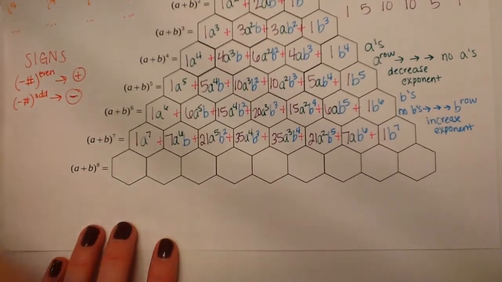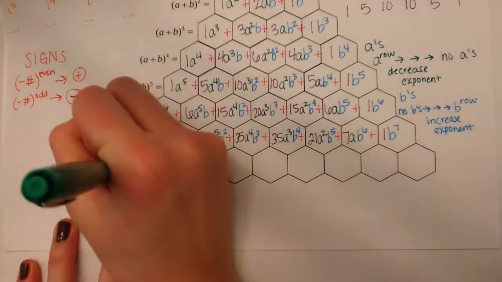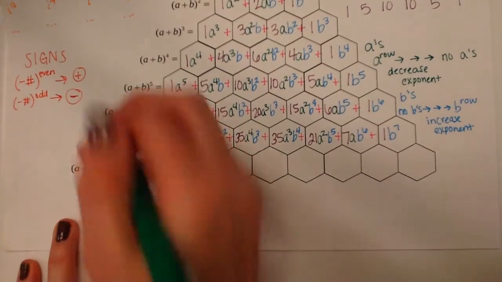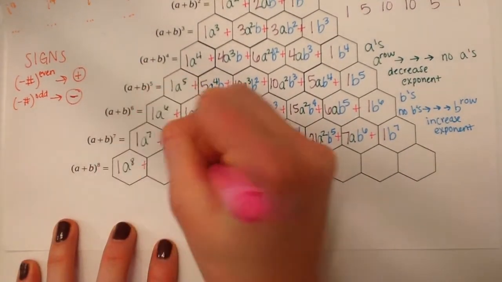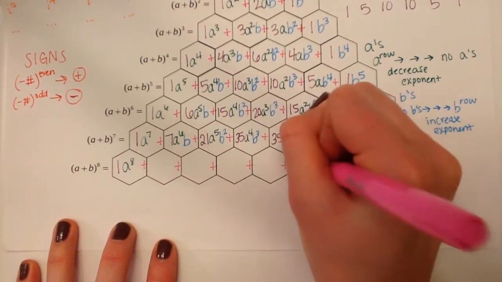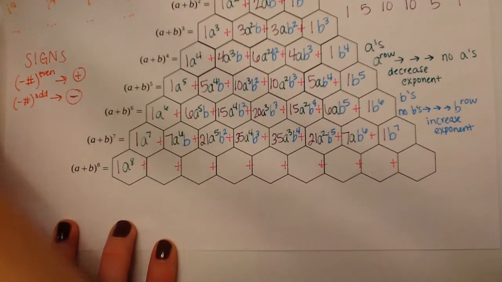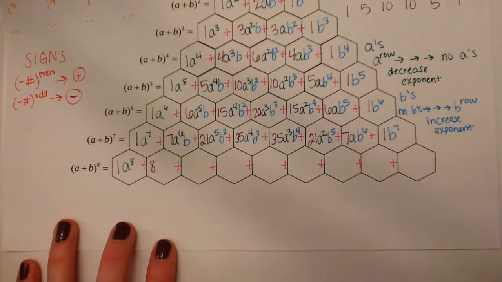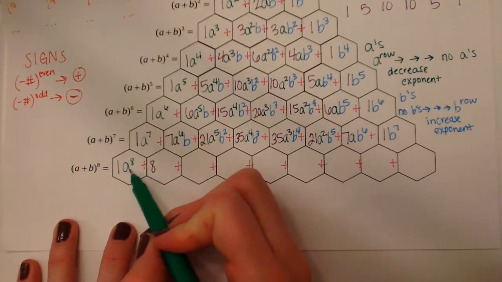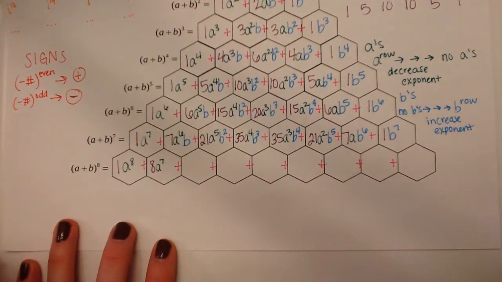Alright, so one more. So next we have 1 a to whatever row we're looking at, so to the 8th. Let's put our plus signs in there. So then we have plus 8. So we're going down one, so we start out with a to the 8th, so now we're going a to the 7th.